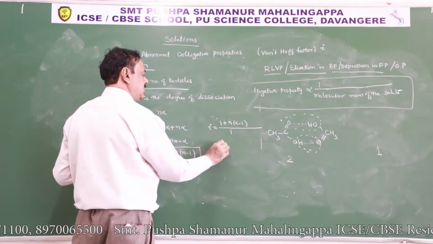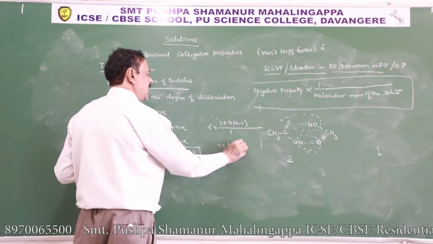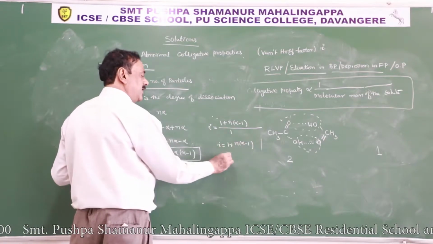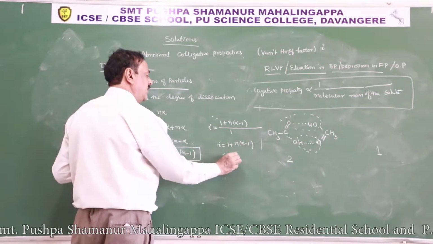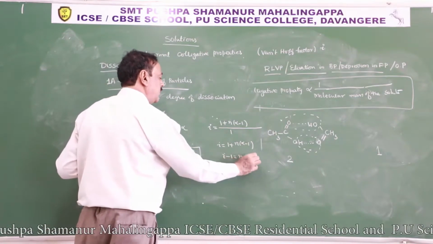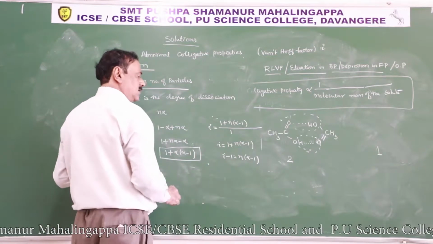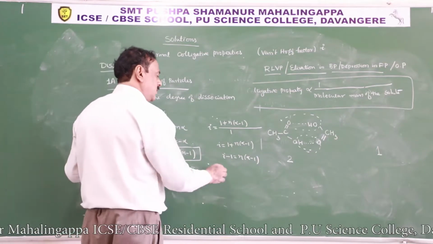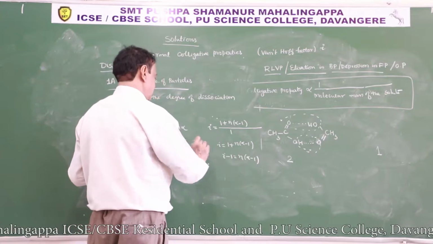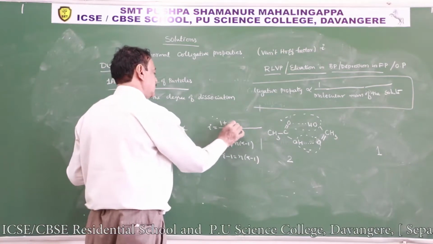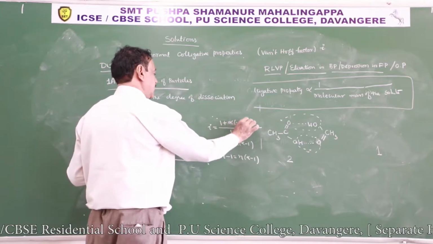That is i is equal to 1 plus alpha into n minus 1. Or i minus 1 is equal to alpha into n minus 1.